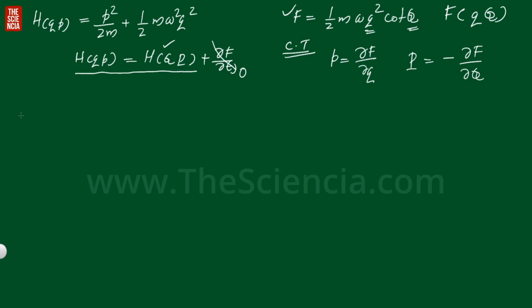So the first canonical transformation, that is small p equal to dou F by dou q.